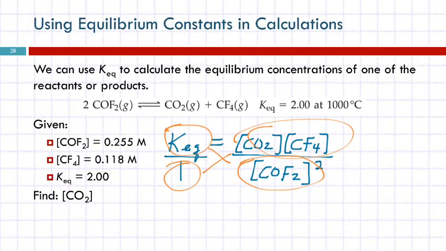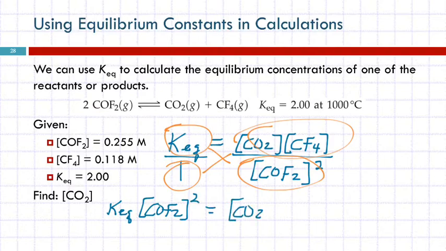So I'm going to get, let's see, I'm going to start over here. KEQ times COF2 squared is equal to CO2 times CF4. I got rid of the fractions.